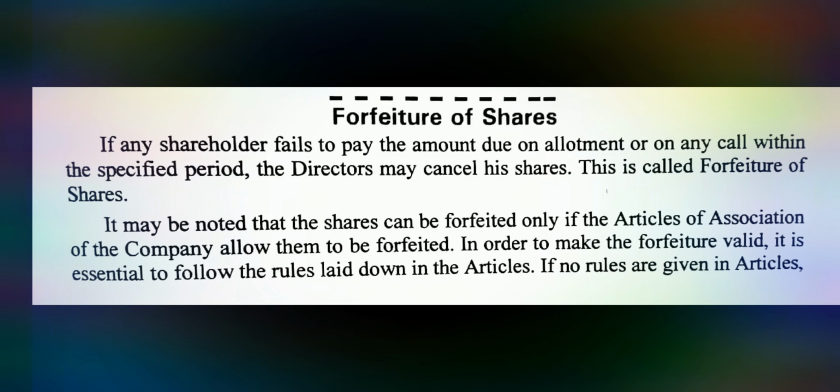First of all, let's know about forfeiture of shares. Forfeiture of shares is a condition that comes when any shareholder fails to pay the amount due on allotment or any call within the specified period. In that case, the directors may cancel the shares of the shareholder, and the cancellation of shares is in two cases.